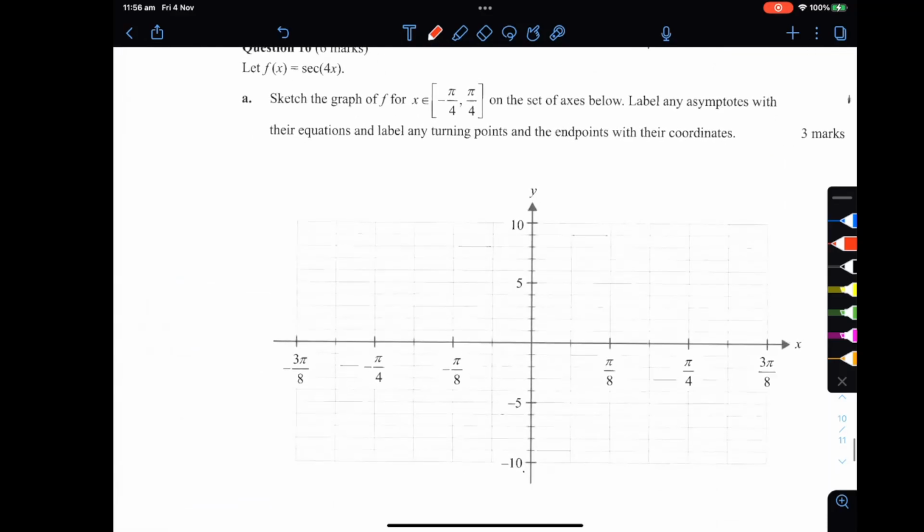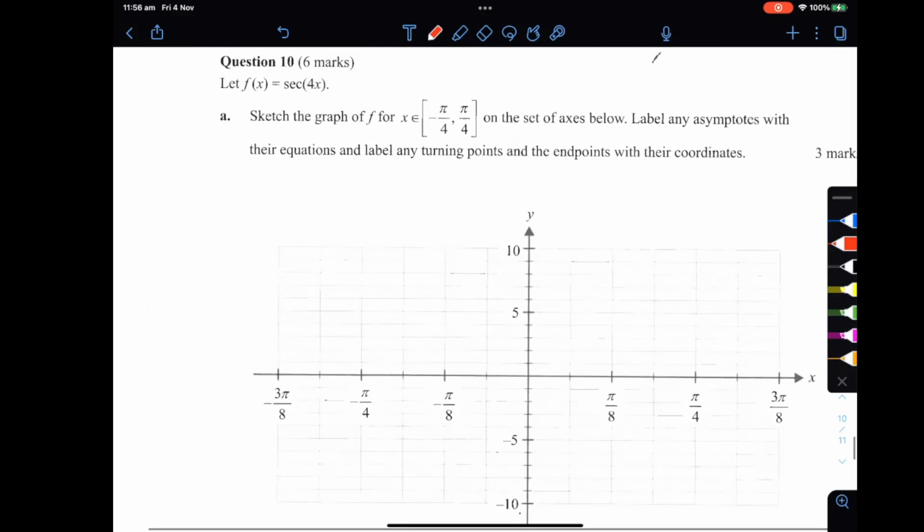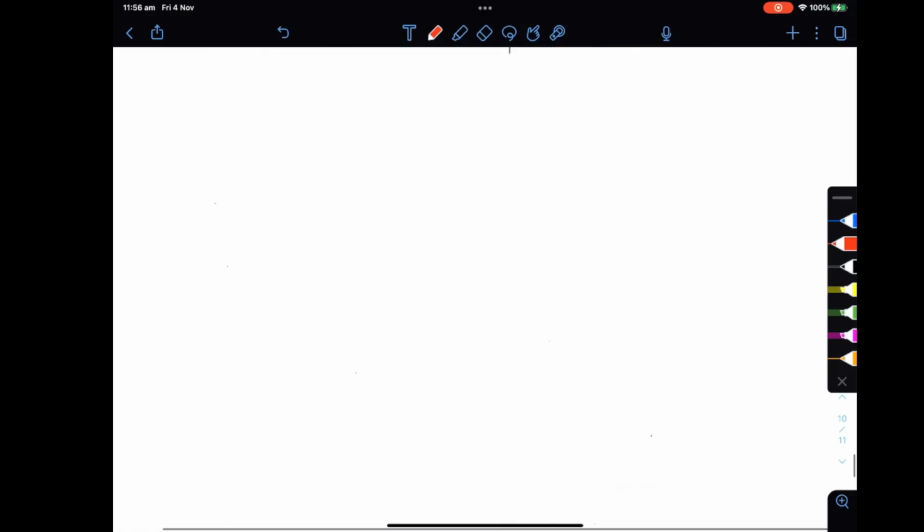All right, sketch secant. What's the next question? Solid of revolution.